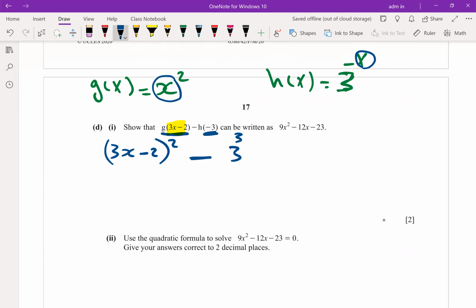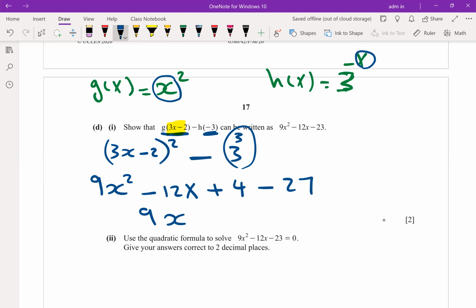How to expand the bracket power of 2 by using the identity: the first squared, second squared, first by second by 2 will be 12x. Minus 3 power of 3 is 27. Simplify will be 9x squared minus 12x minus 23. Clear?